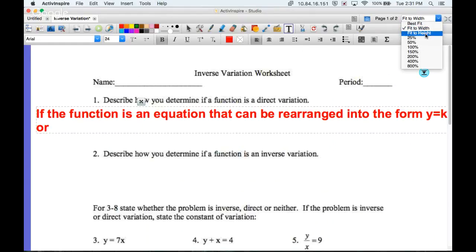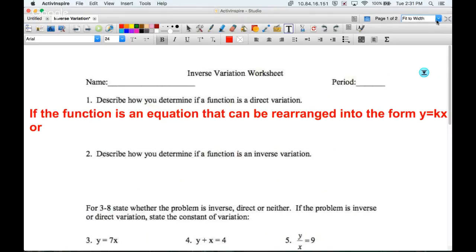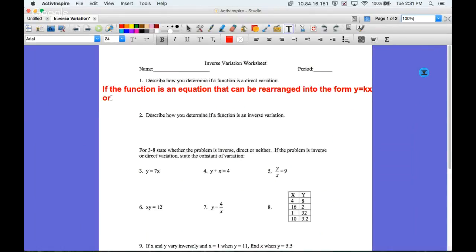let me zoom this out just a tiny bit. Let's go 100%. Okay, or we divide x from both sides, y over x equals k. So if the function is an equation that can be arranged into one of those forms, we know it's direct variation.